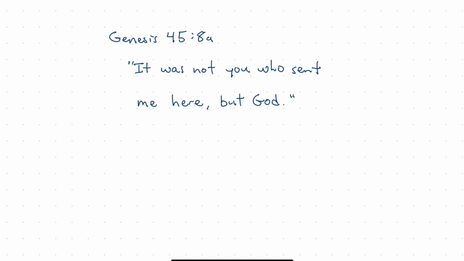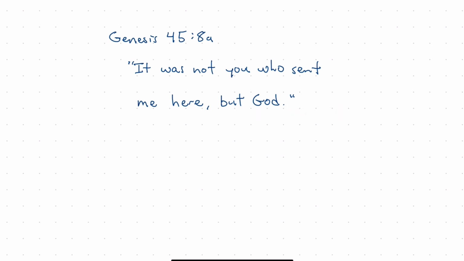One proposition is in support of the other. It's a subordinate relationship. And so then we see that this is not the only key word, but it's accompanied by the word not. And we have a not, but construction. It was not you who sent me here, but it was God who sent me here.